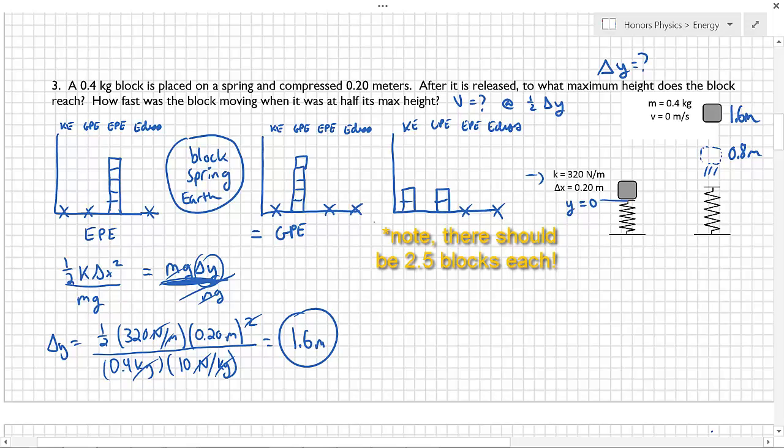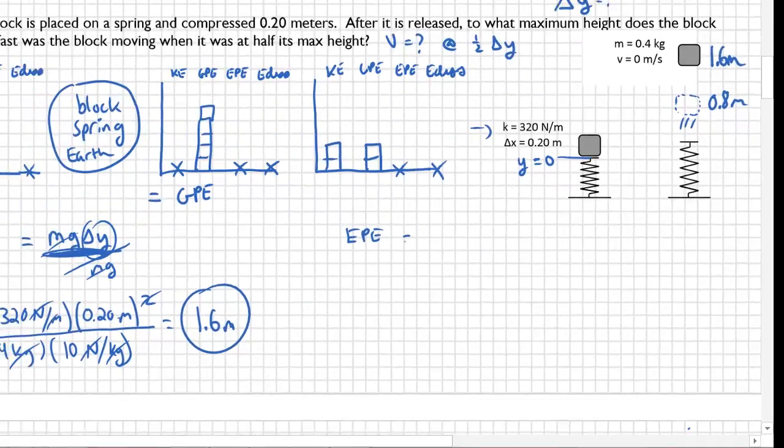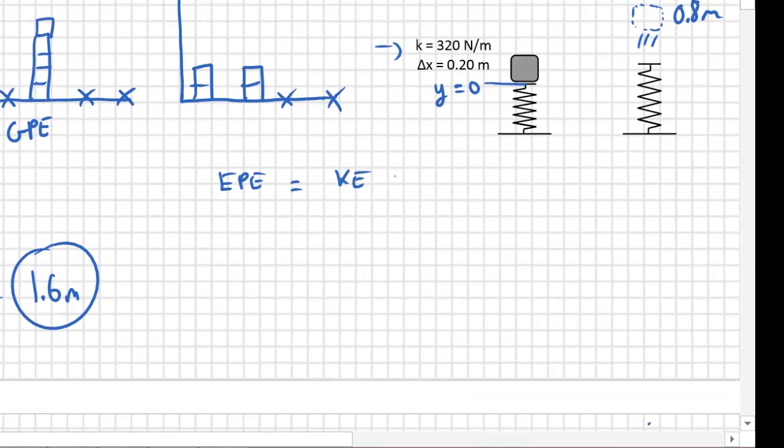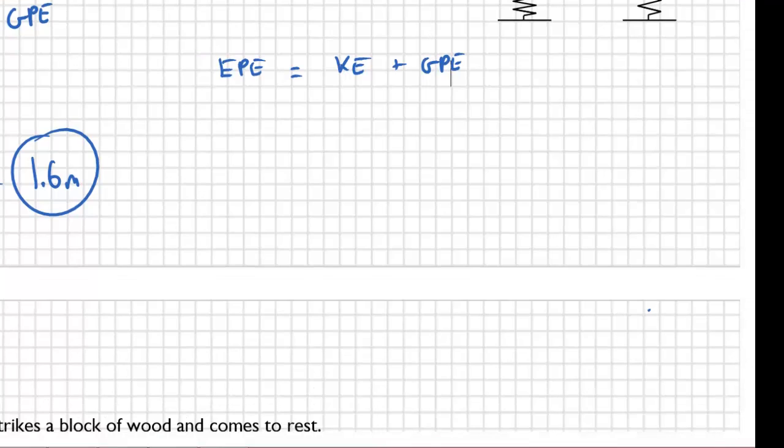And so now I'm going to make a new energy expression for my part 2 here, and that shows that the EPE is equal to the KE plus the GPE when it's halfway up. And so now I need to write a new expression. Now, depending on how you solve this problem, you may have already solved for the EPE earlier.